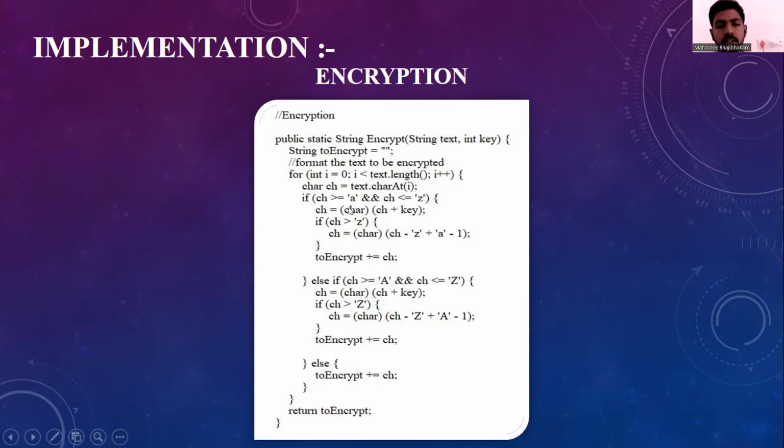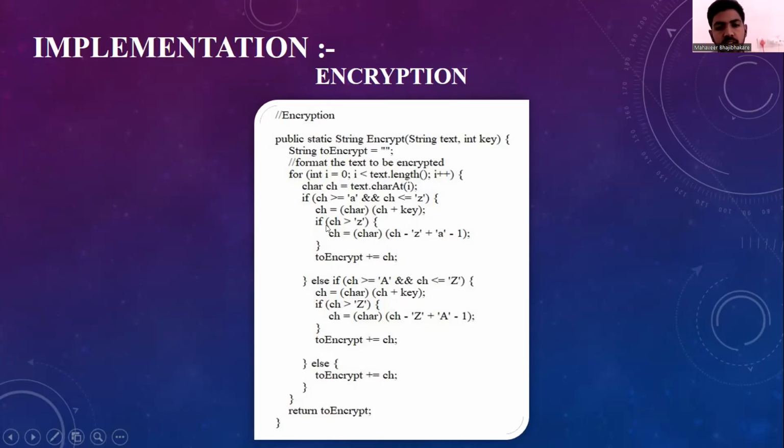The text can be of two types: uppercase or lowercase. For the lowercase, I use ASCII values, as we know the ASCII values for uppercase and lowercase are different. First we check whether the character is between small a and z. If it is, then the character value becomes ch plus key.